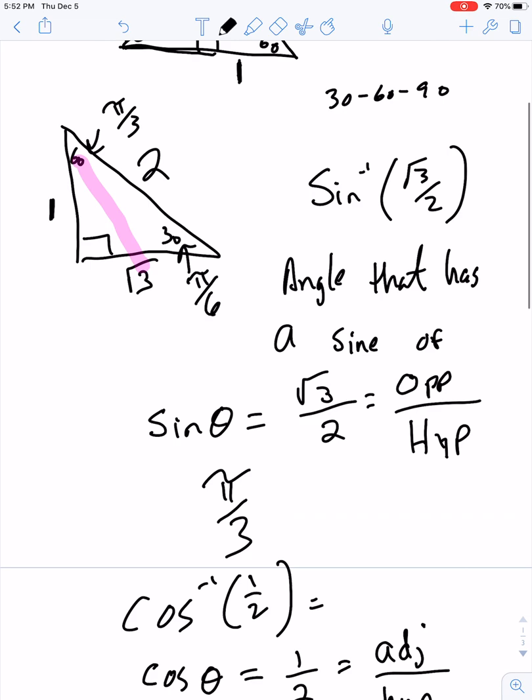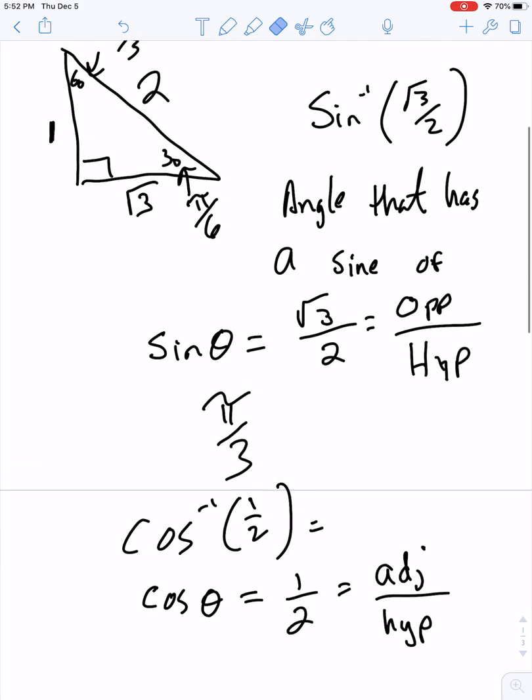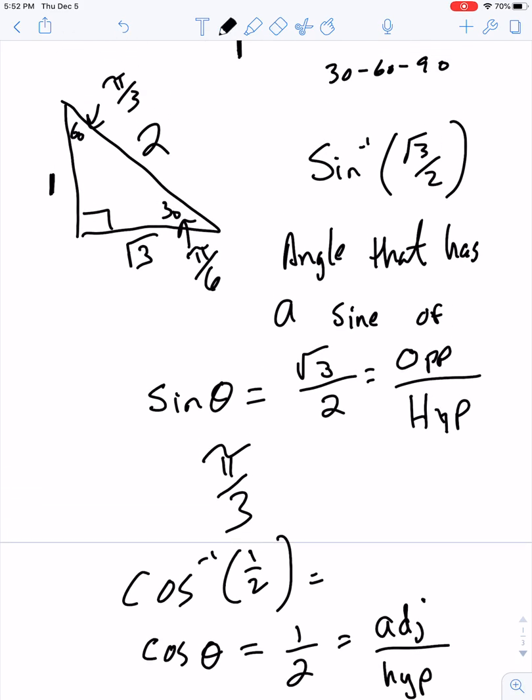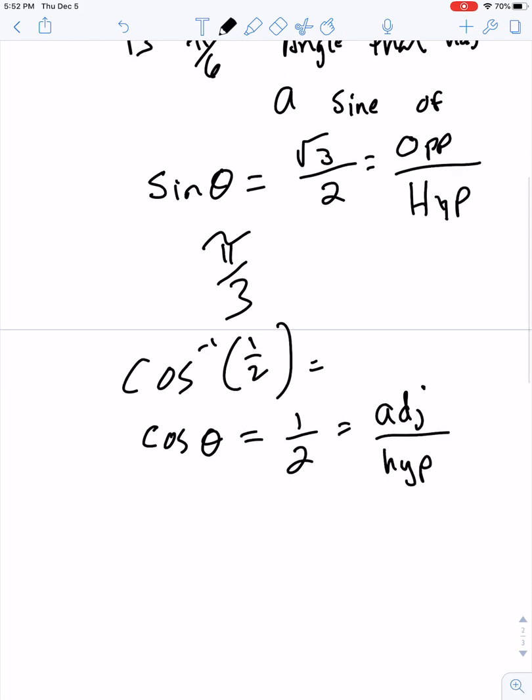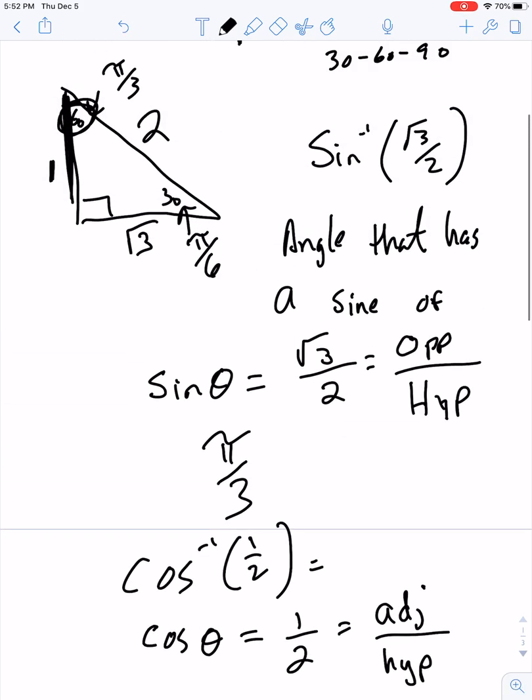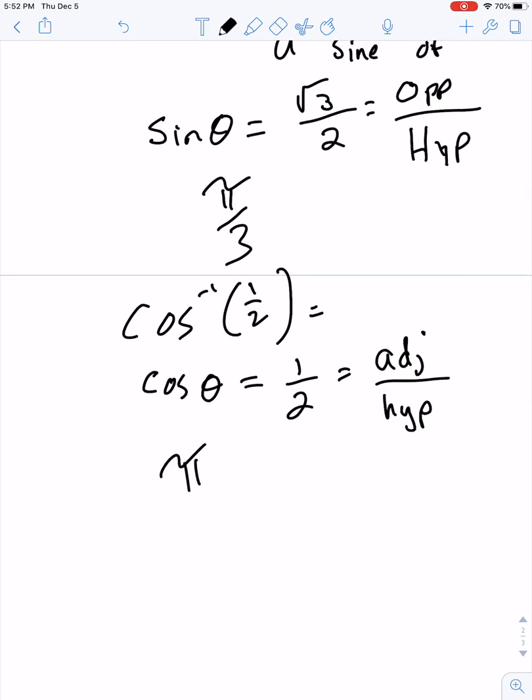So which one has an adjacent side of 1? Adjacent means next to. So 60 has an adjacent side of 1. I know that the 2 is also next to the 60, but that's the hypotenuse, so it can't be the adjacent side. Adjacent is 1, hypotenuse is 2, so the answer is 60 degrees, or in radians, pi over 3.